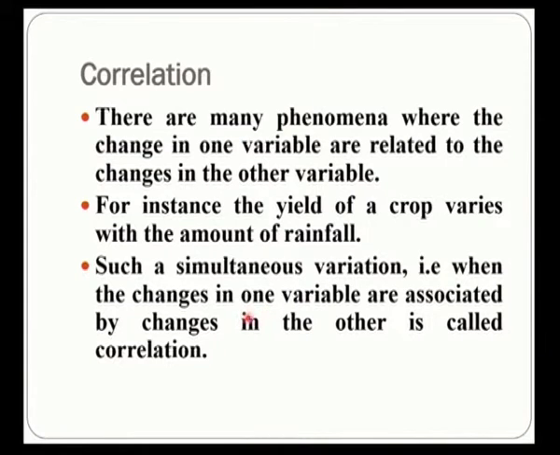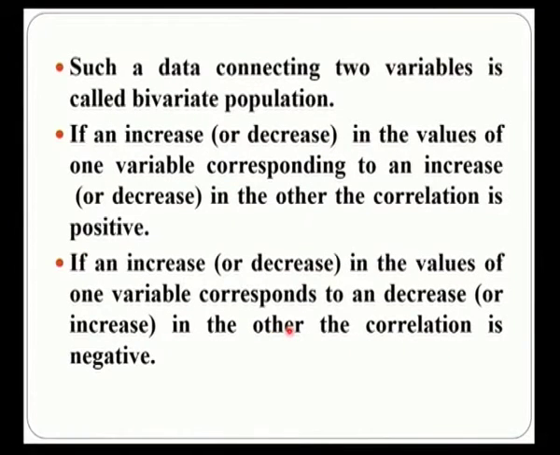That relation is statistically analyzed by the correlation. Such a simultaneous variation, that is, when the changes in one variable are associated with the changes in the other, is called correlation. This correlation can be of two types, that is positive correlation and negative correlation.